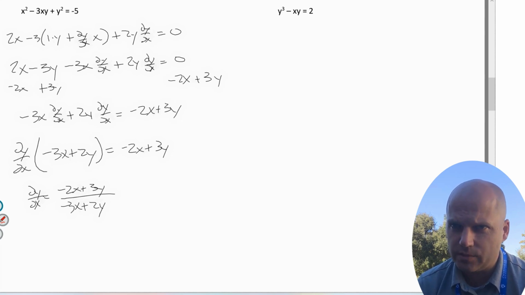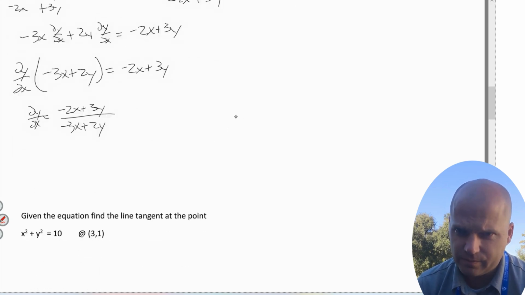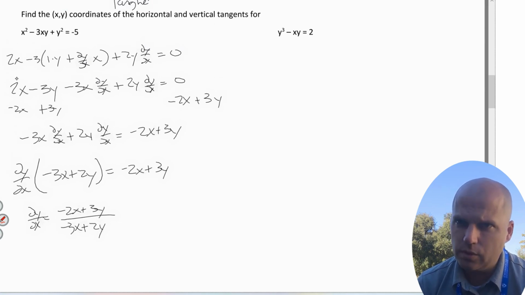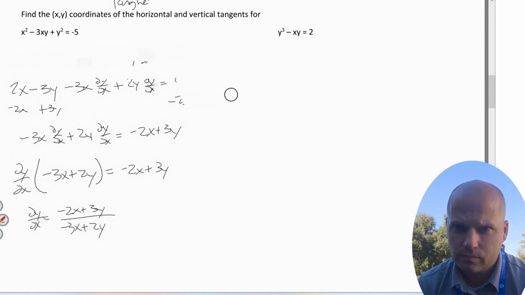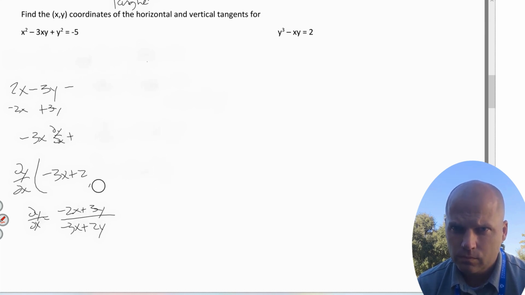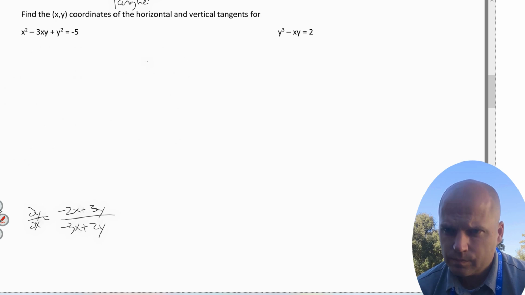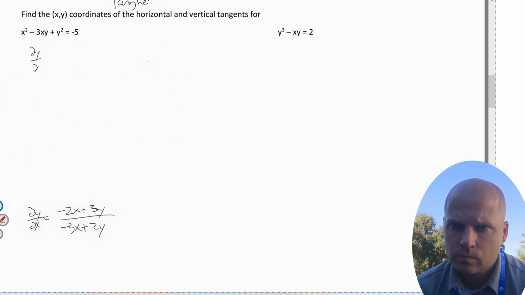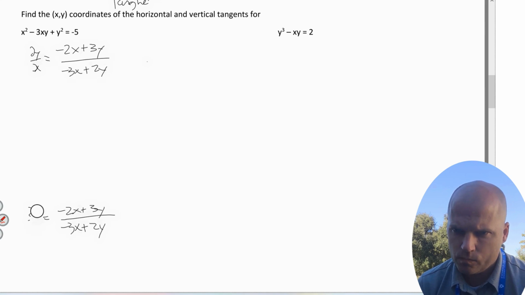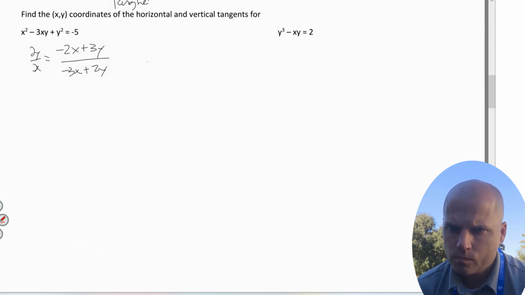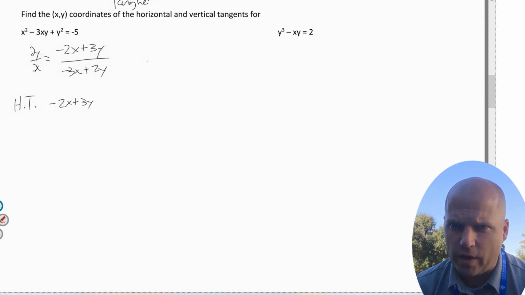Let's start with the horizontal tangents. Going to erase all this work. You need space. Horizontal tangent is when the top will equal 0.